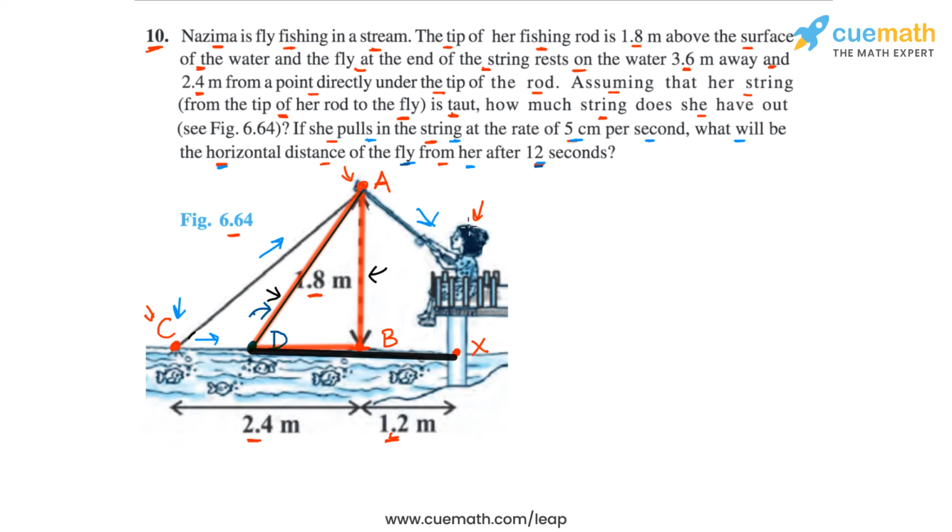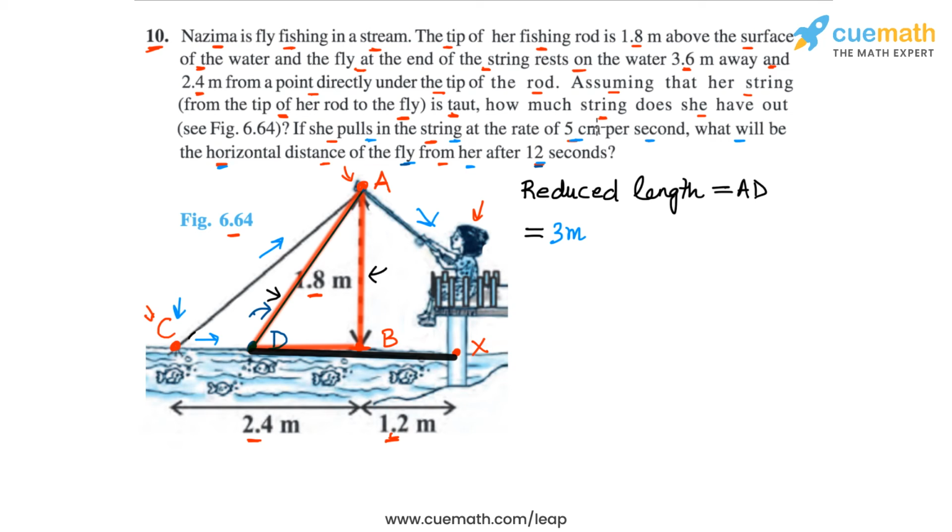So what will be the reduced length of the string that is out? So let's find that first. So the reduced length, which is basically AD, will be equal to the original length. The original length was 3 meters. We calculated just now as the first part of the answer. So the original length of the string that is out is 3 meters.